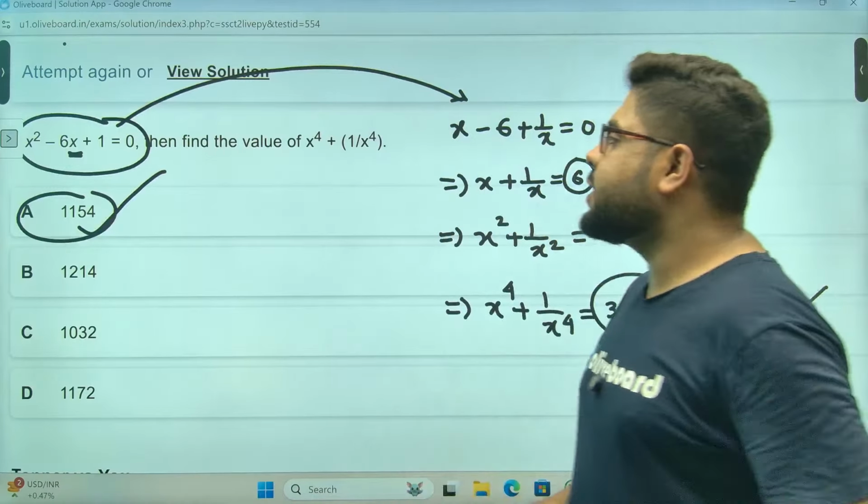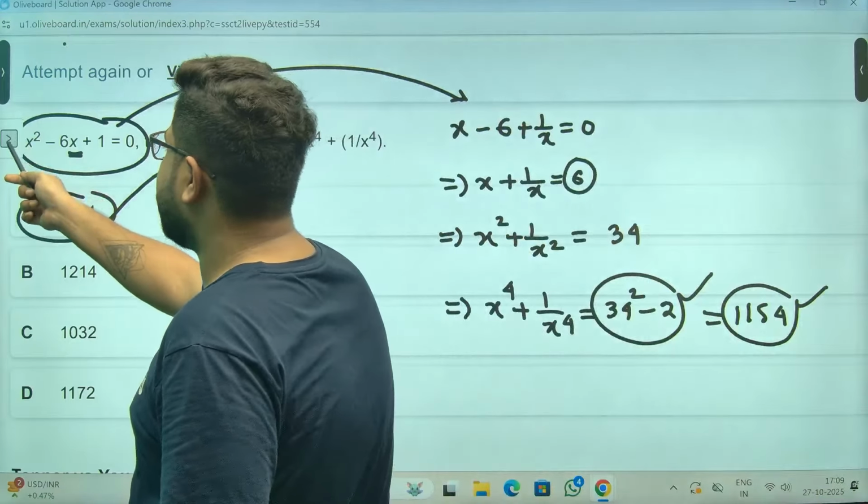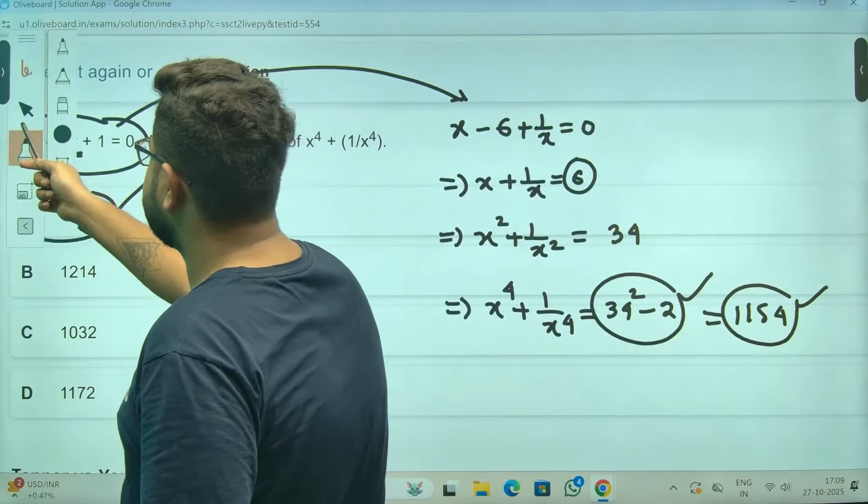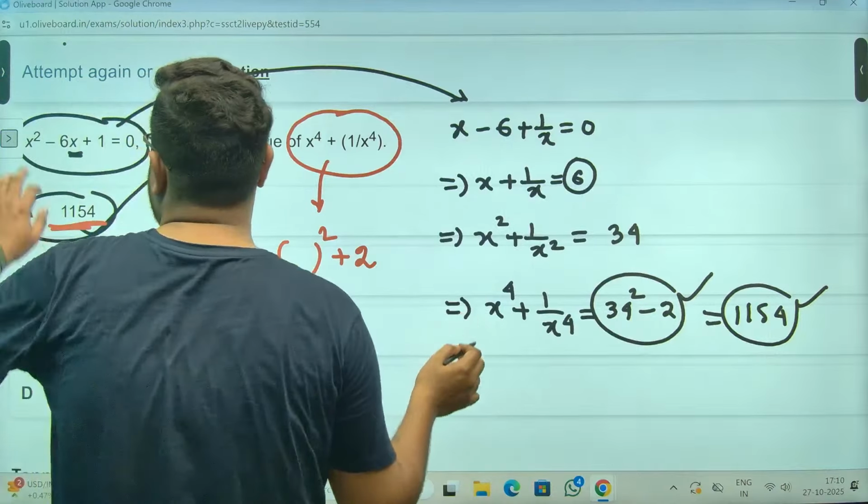Now, what is the shortcut that we can use? Let's understand this. This will be something square plus 2. Sorry, I wrote it the wrong way.